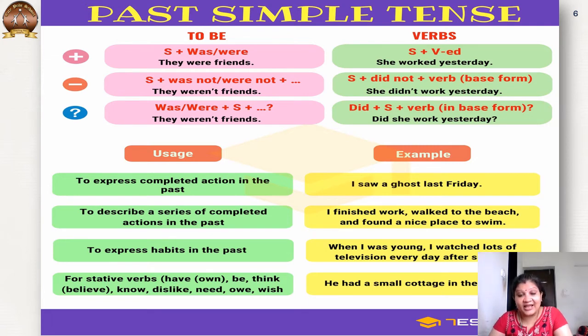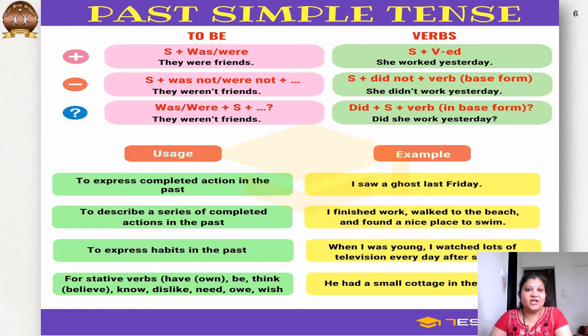Now the main verbs, like the action words as we know them, subject plus V2. In regular verbs it will be d or ed, and in irregular verbs it will completely change. So for the negative part did not, and for the question did, with the verb in the base form, root form V1. Yes. Now usage.